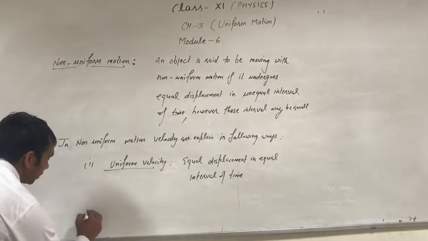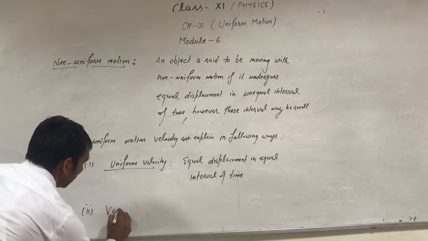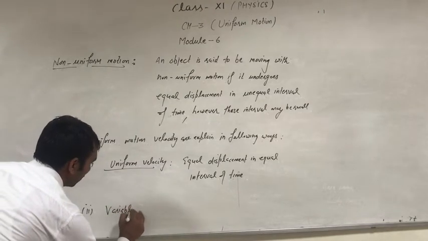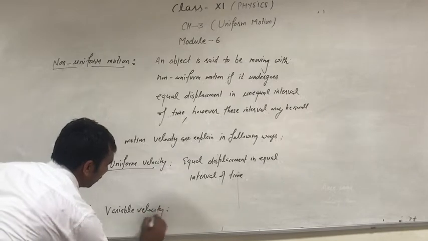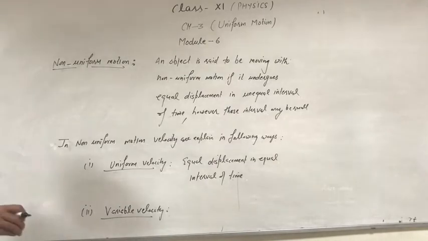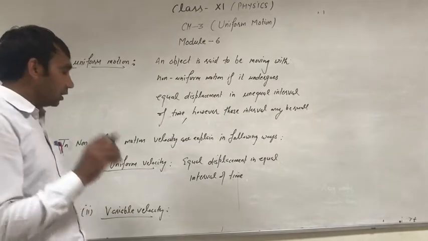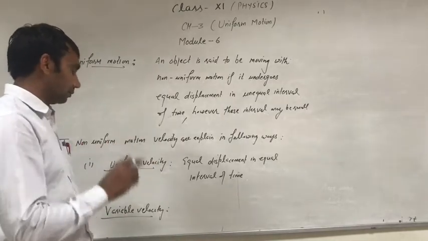The second one is variable velocity. An object is said to be moving with variable velocity if either its speed or direction of motion changes with time.